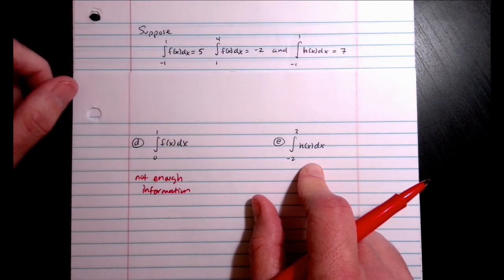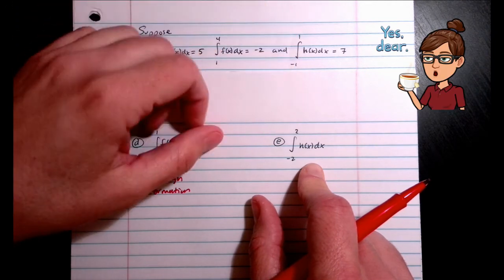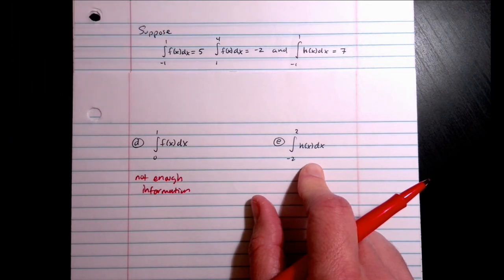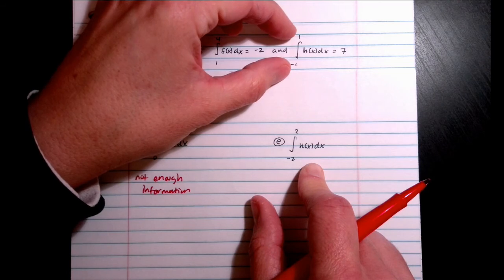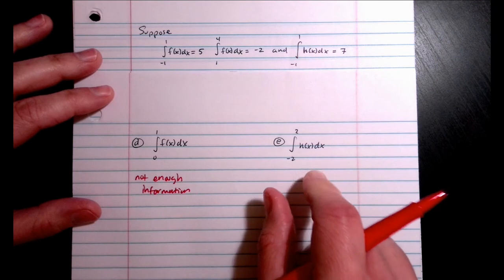Again, we cannot assume how the area is allocated over this interval to get 7. Right? Is there more on the positive side or more on the negative side? Or is it all positive? If so, how? We don't know. We don't know what lies beyond this interval negative 1 to 1 in order to safely assume that it has to be 14. So there is not enough information.